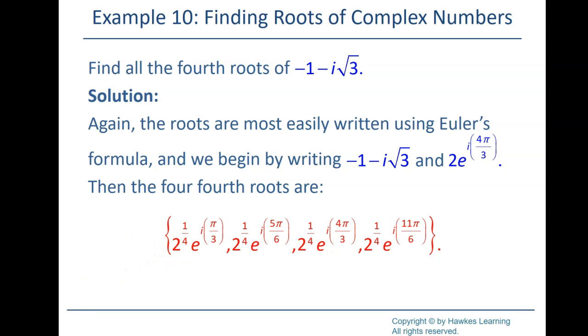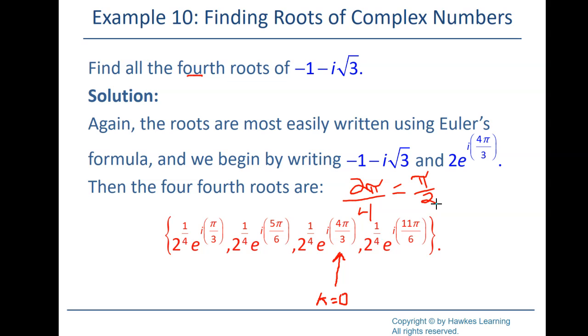I want to show you this is the one that we would actually start with, and every time we rotate from there, this is when k is equal to 0. We add 2 pi over n. What's n in this case? n is 4, the fourth roots. So we're going to add 2 pi over 4, which is pi over 2.